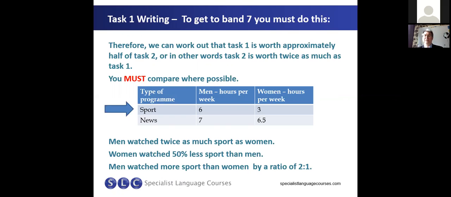Okay. So we've got women 50% less, is 3, which is 50% of 6. Men watched twice as much, 6, which is twice 3. Good. Or we could say it another way. Men watched more sport than women by a ratio of 2 to 1. Okay. So these sentences, they all compare.